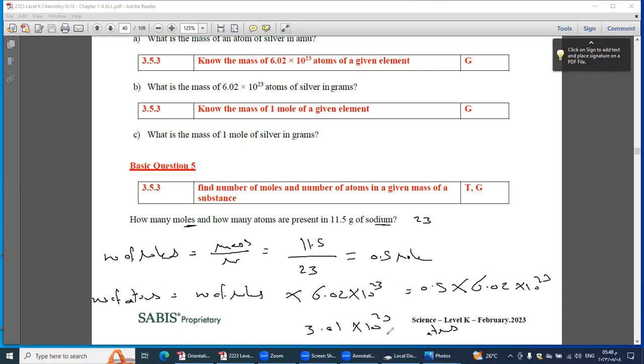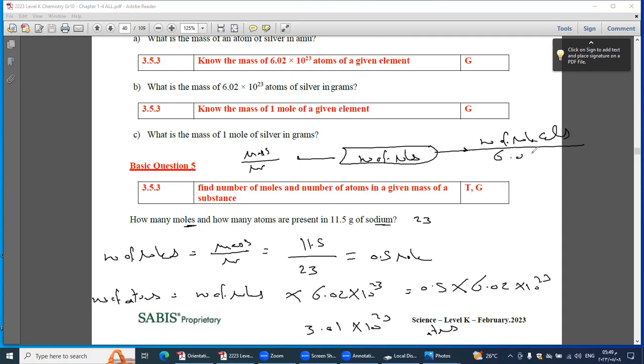So again, the number of moles is the common quantity. It is equal to mass over molar mass, equal to number of molecules or atoms over Avogadro's number.